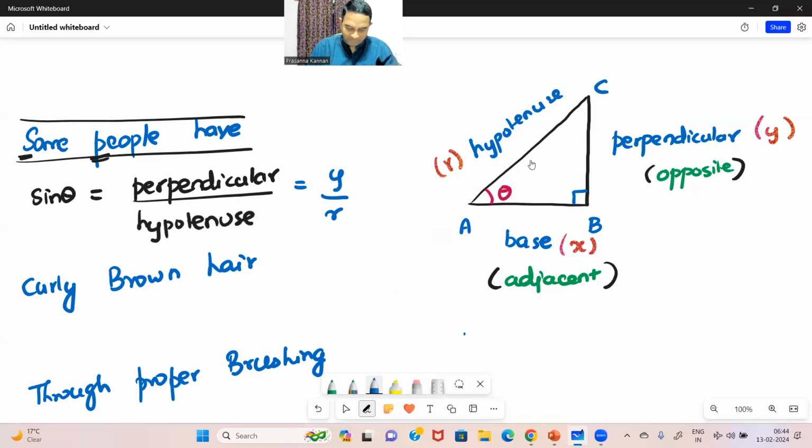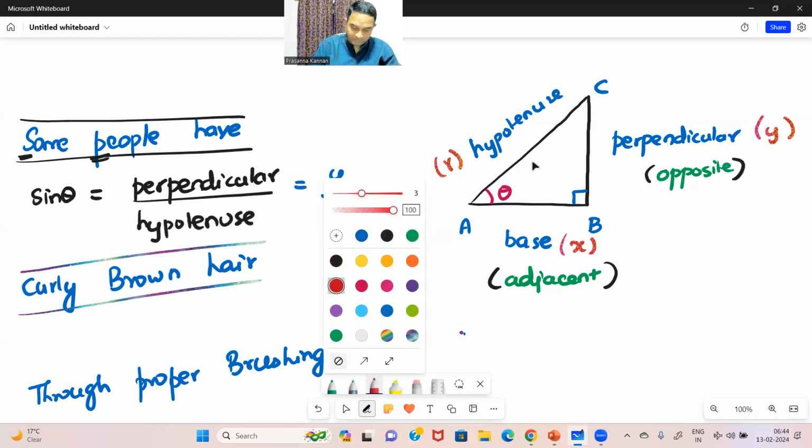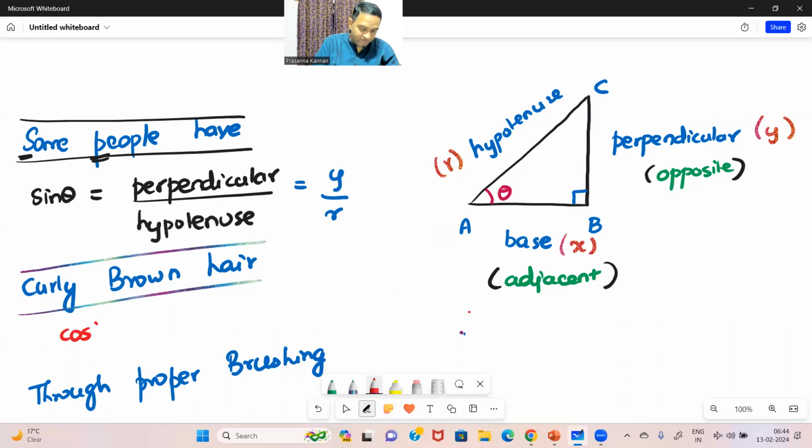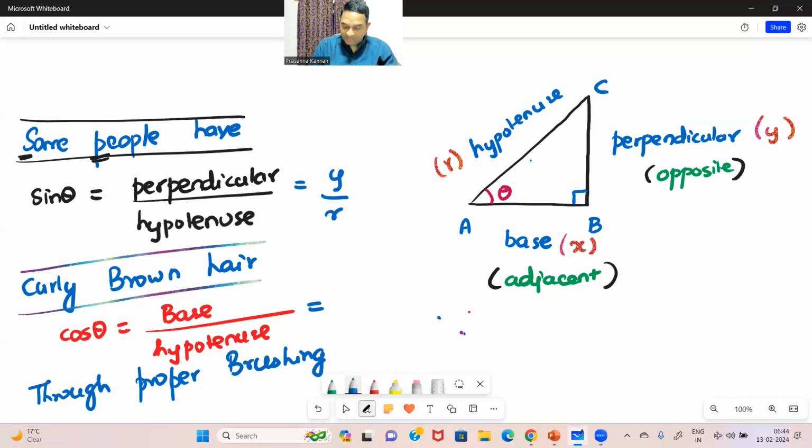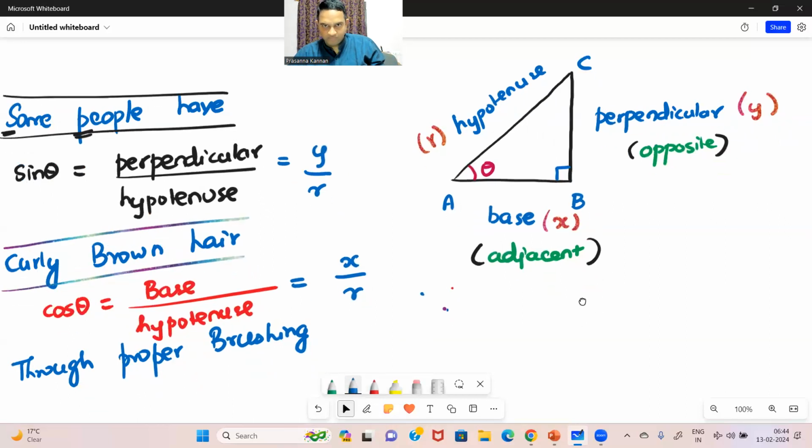The next is curly brown hair. Cos theta is equal to base by hypotenuse. Base I have represented by the symbol X, and hypotenuse by the symbol R.